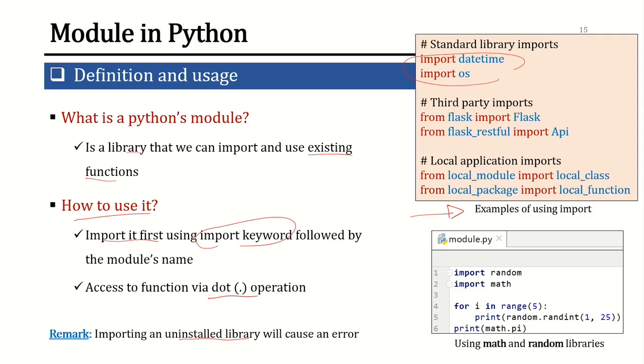You can run them without any other installation. Another kind is third-party imports, in which you install the library first, and then you can use it. Here, we use a module called Flask, which allows us to work with web development.